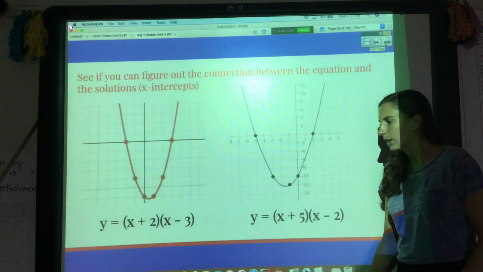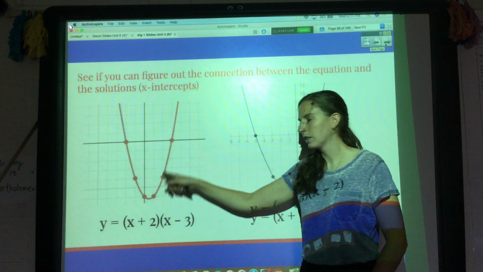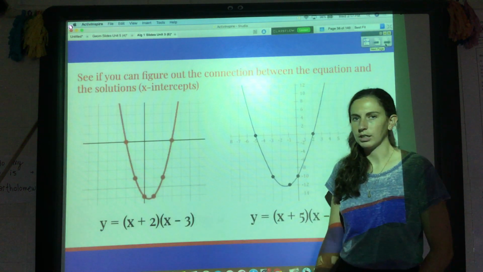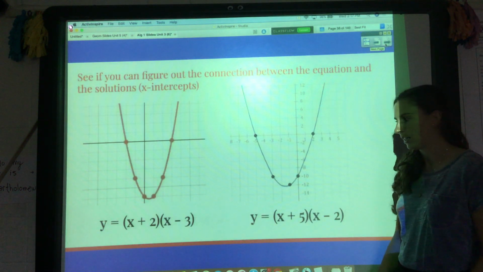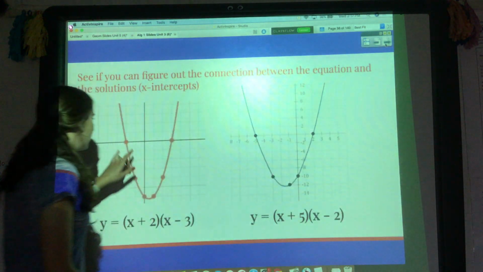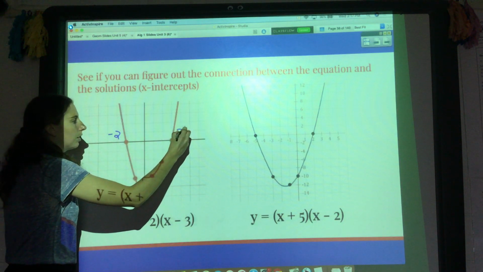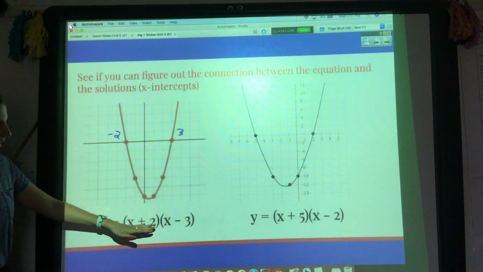Go ahead and see if you can notice a pattern between these parabolas, these graphs, and their quadratic equations. I've already factored these. They're in factored form. Do you notice any connection between this root, negative 2, this root, 3, and the factors?